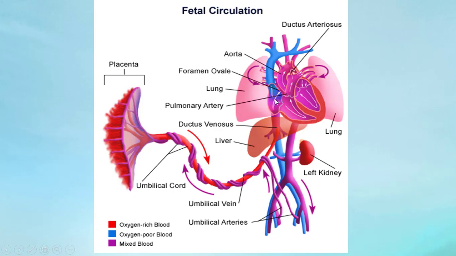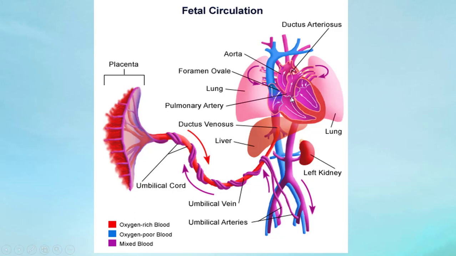That's why blood flows from right to left. In adult heart circulation, oxygenated blood enters the left atrium and flows from the left side to the right side. This is the blood flow.